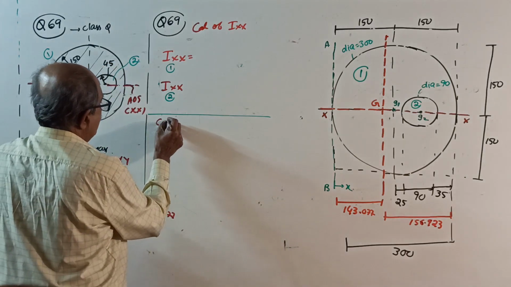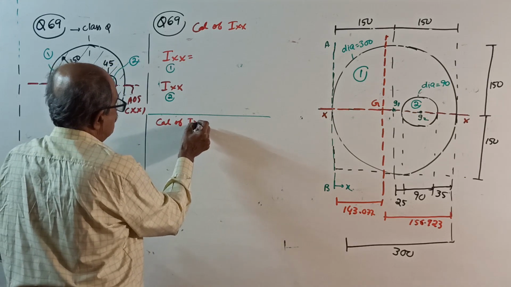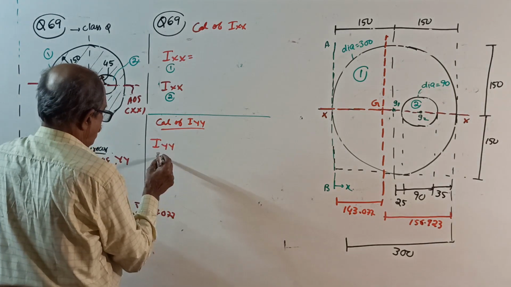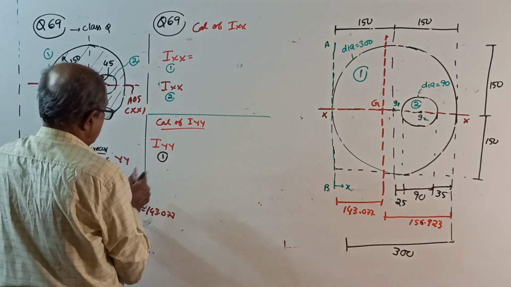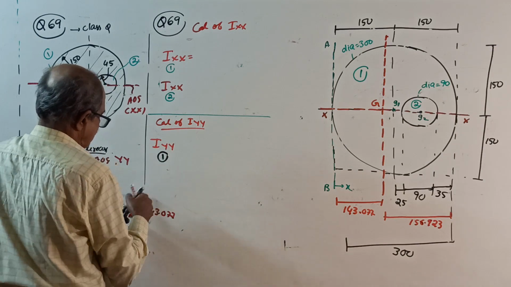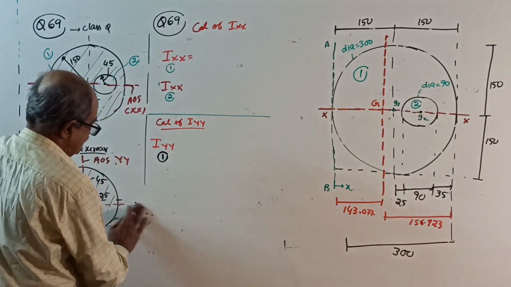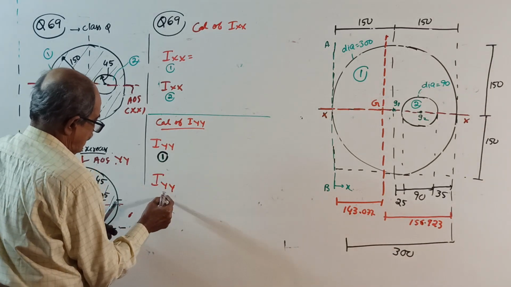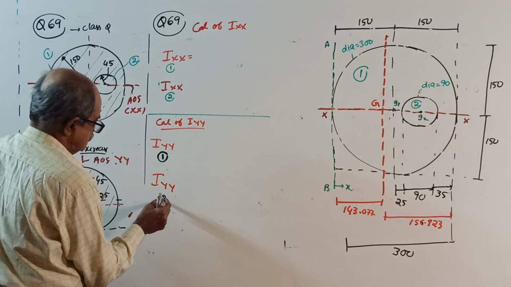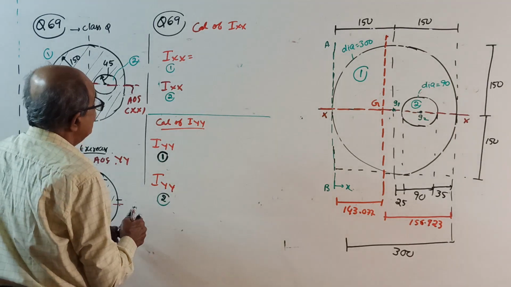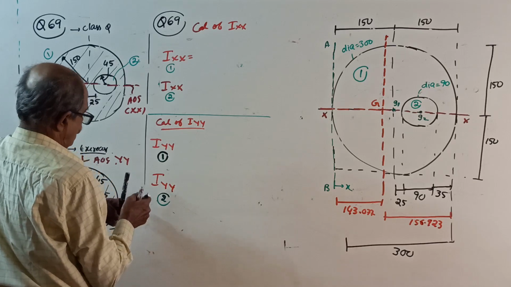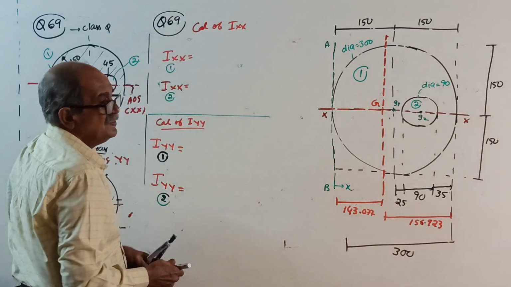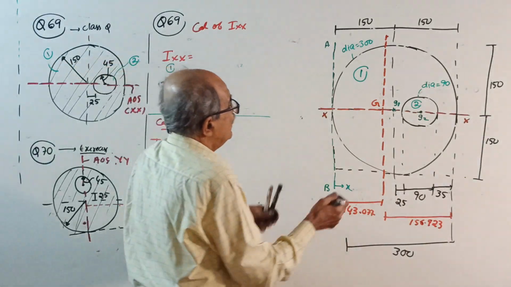Then calculation of IYY. IYY for 1, okay, green color, 1, then IYY for 2. Before that, remember, you have to write all the usual calculation of moment of inertia by parallel axis theorem, all you have to write. Okay, start. I about XX.